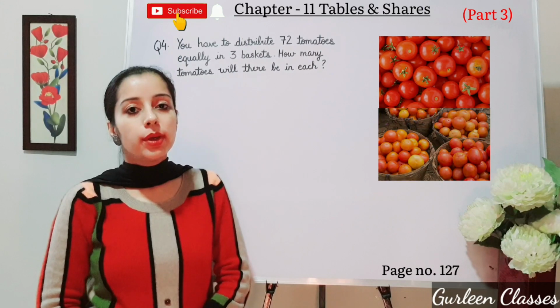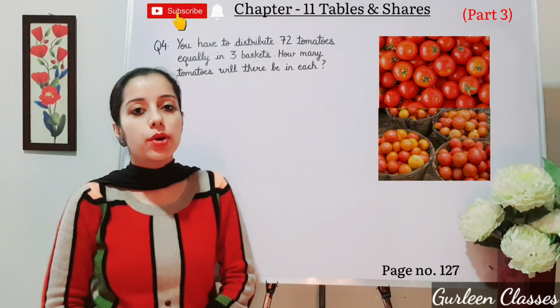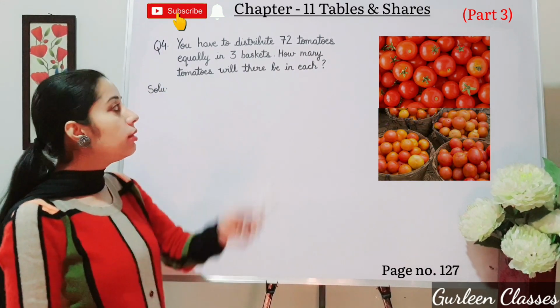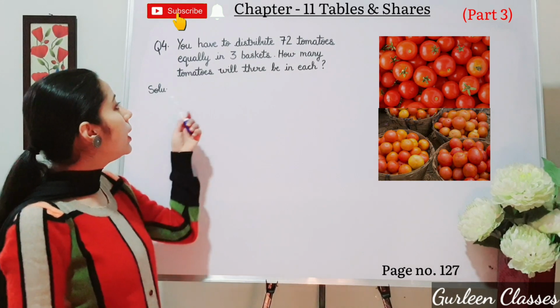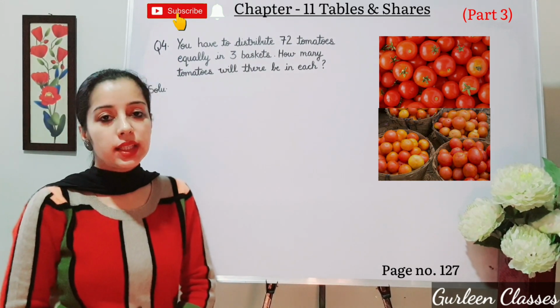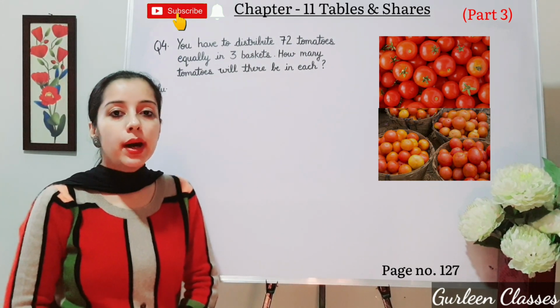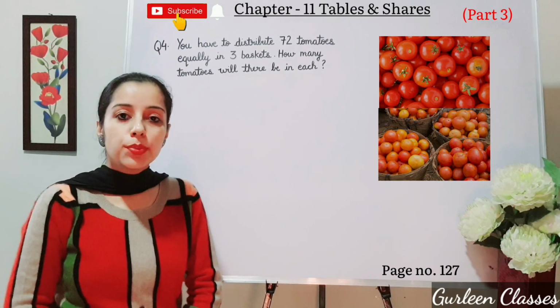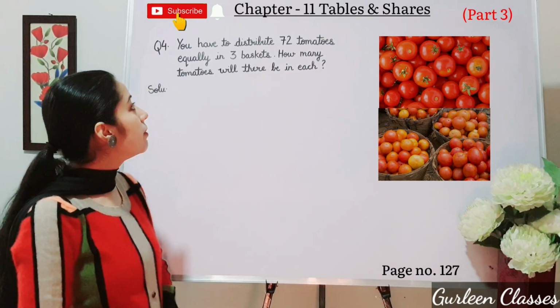Question number 4. You have to distribute 72 tomatoes equally in 3 baskets. How many tomatoes will be there in each? So students, number of tomatoes to distribute is equal to 72.